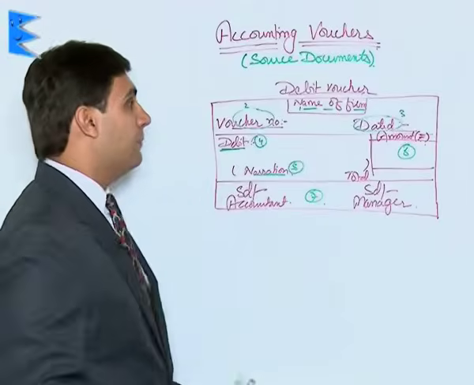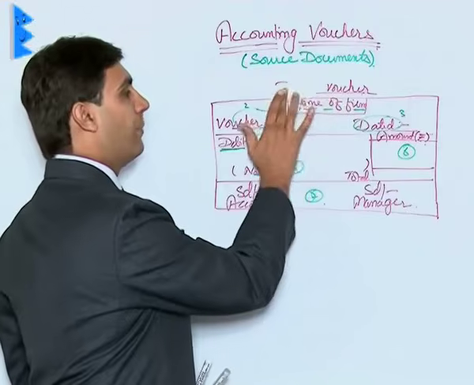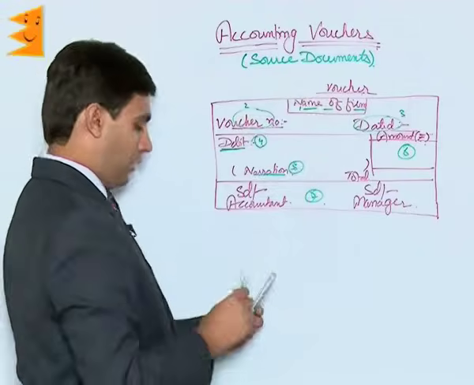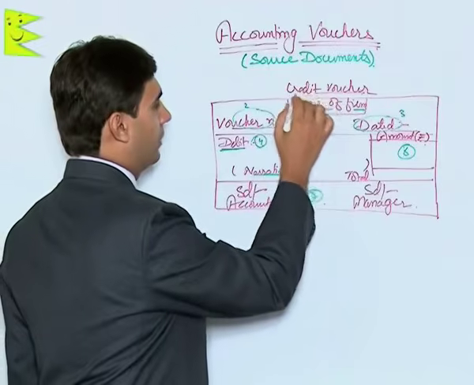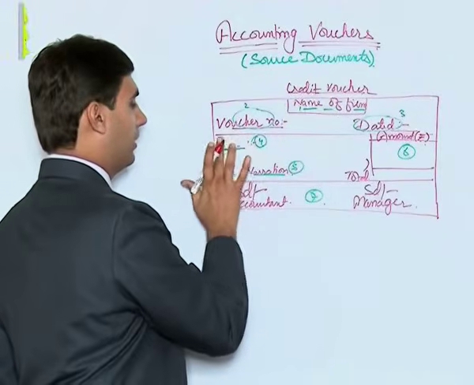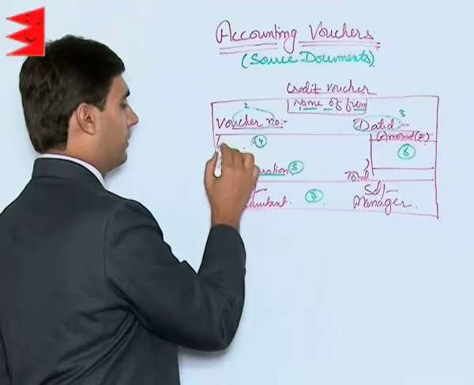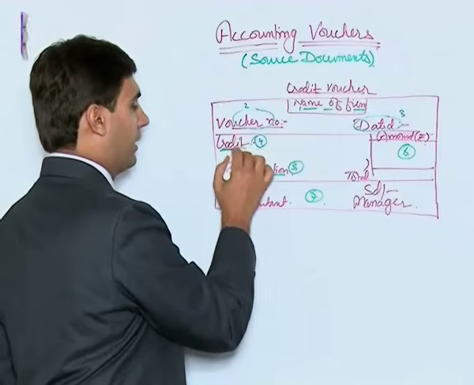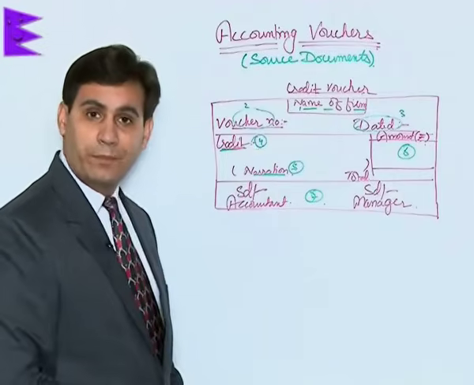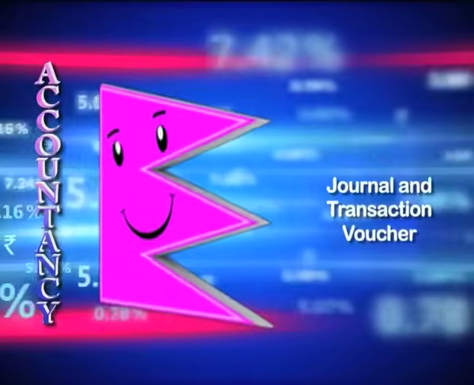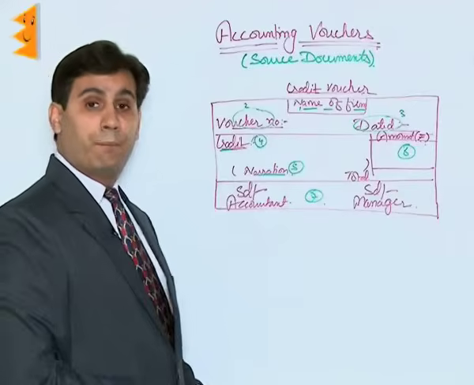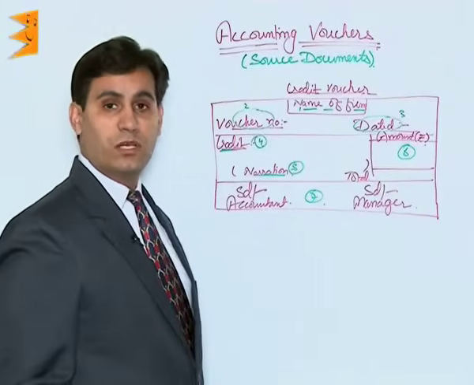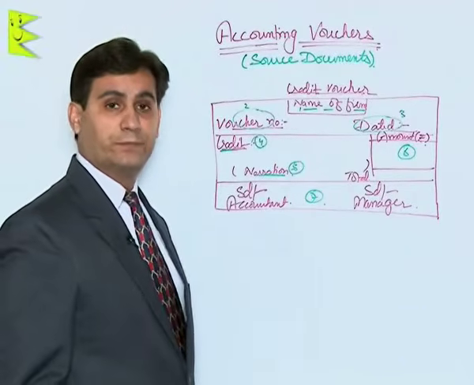Similarly, we can prepare a credit voucher also. The format usually remains the same. The only thing is that the name will change. It is now a credit voucher, and instead of debit here, we will write credit. Rest every part remains the same. But a transaction voucher, a journal voucher, is a bit different.